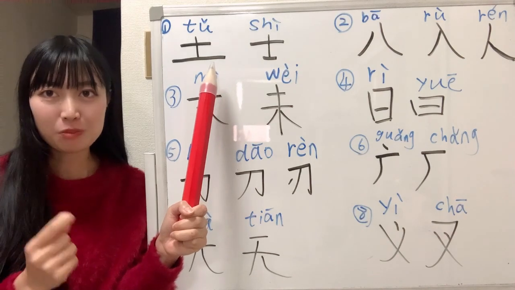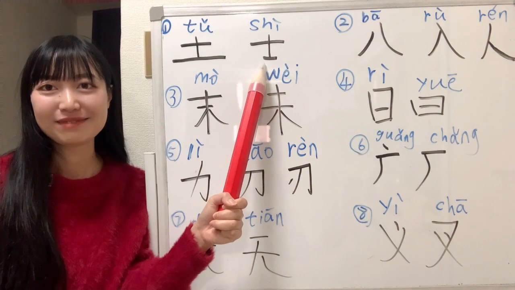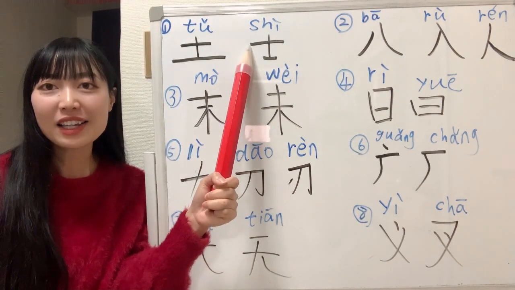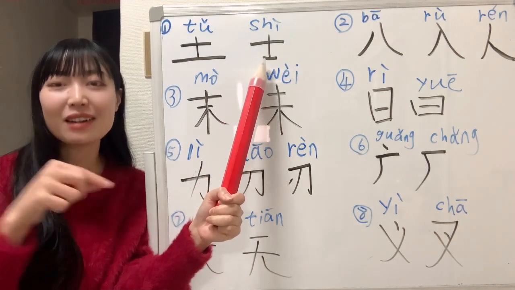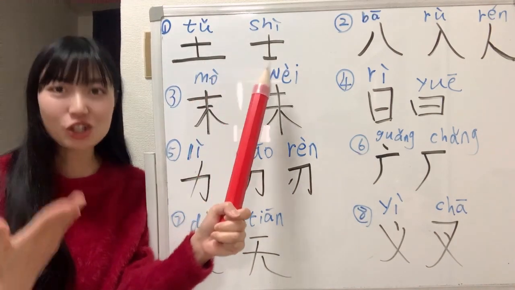This is 土, means dirt. And this character is 士. The up line is longer than the second line, the underline. This is 士, okay?